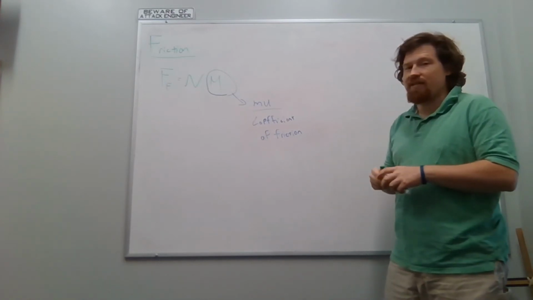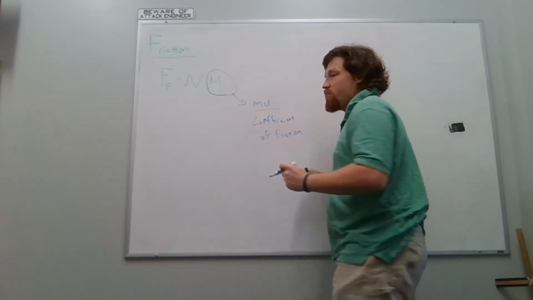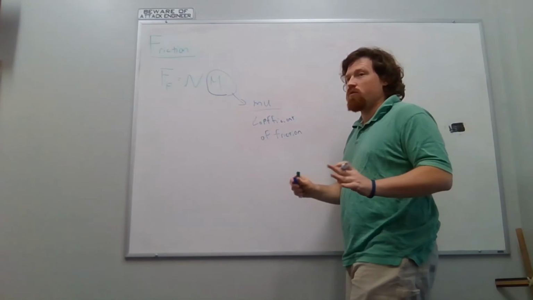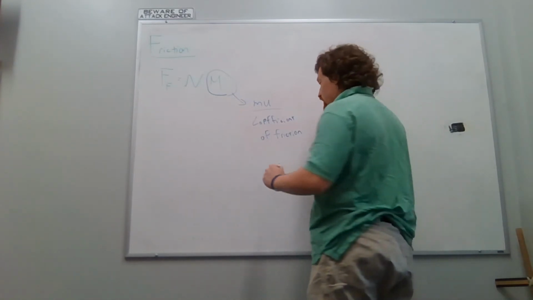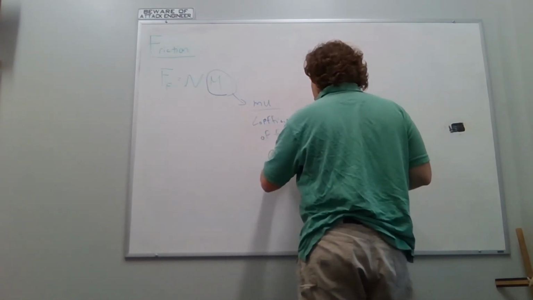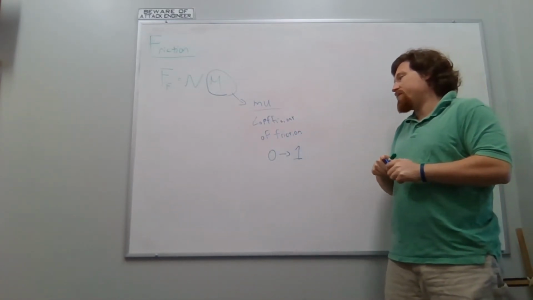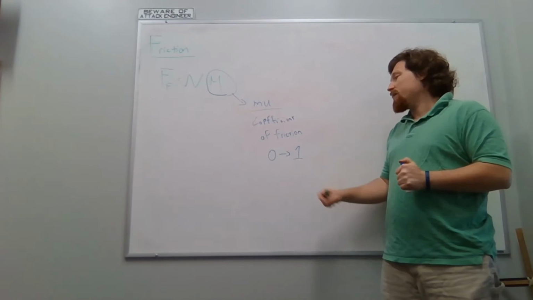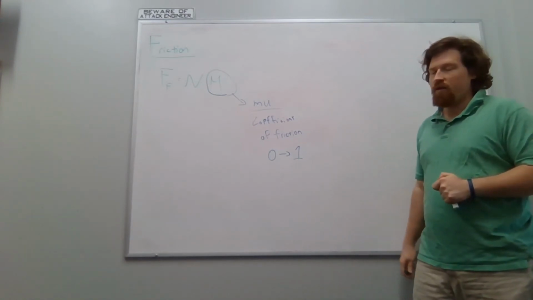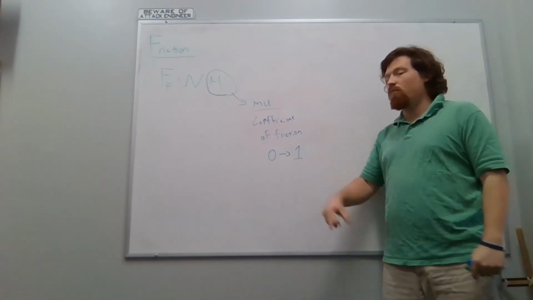Now, the coefficient of friction doesn't have any units. It's a unitless number, meaning you never attach anything like newtons or meters to it. And it's always going to be between 0 and 1. It's never going to be smaller than 0. It's never going to be bigger than 1. It's always going to be a very small decimal.